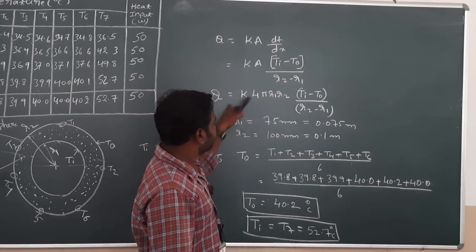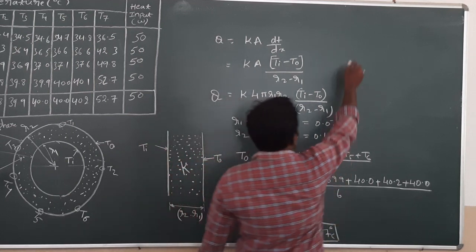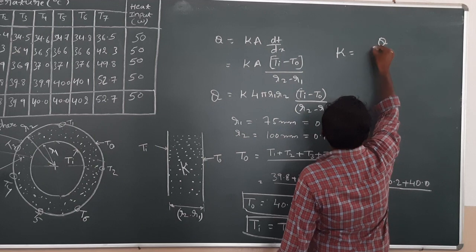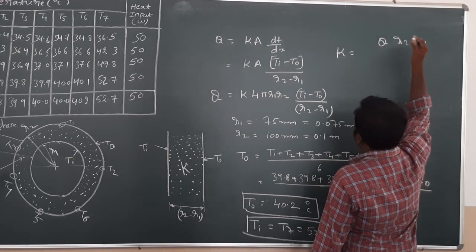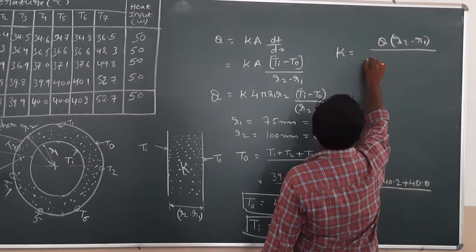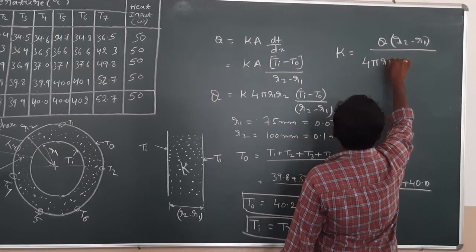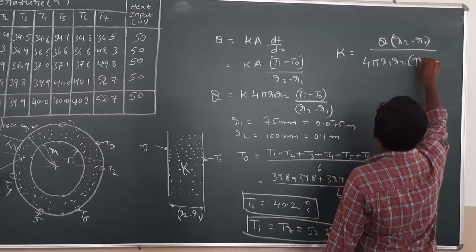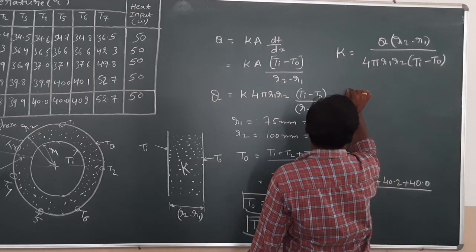We will get the thermal conductivity value. K equal to Q into R2 minus R1, divided by 4 pi R1 R2 into Ti minus T naught. Substitute the values here.